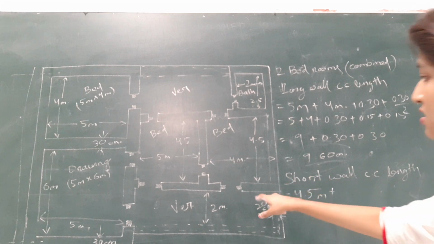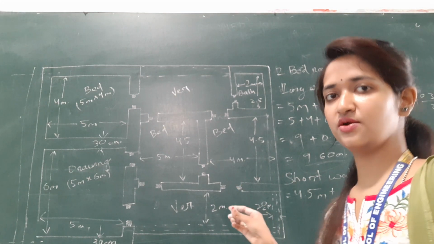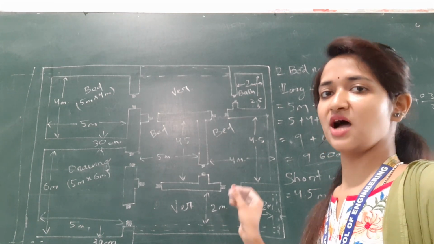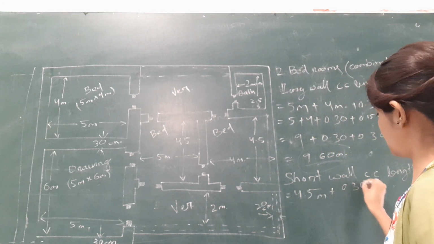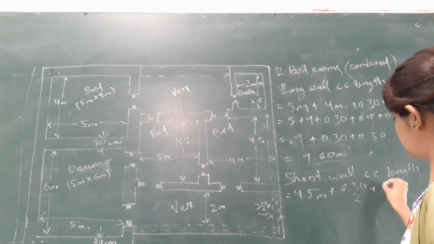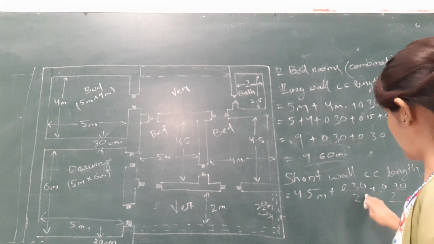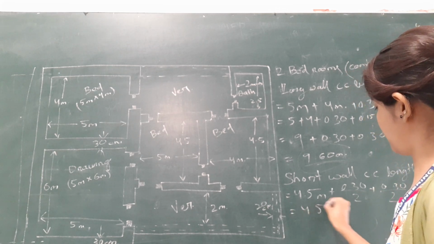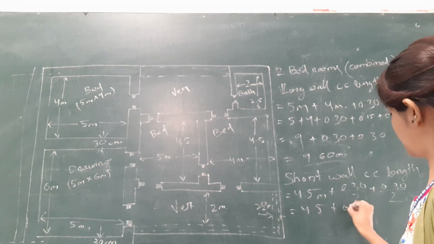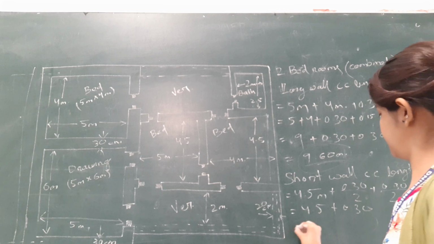Okay. So we know 0.30 is the thickness and we have to consider half of this. Okay. So 0.30 by 2 plus 0.30 by 2. One breadth and other breadth equals to 4.5 plus 0.30, 0.15, 0.15, okay.